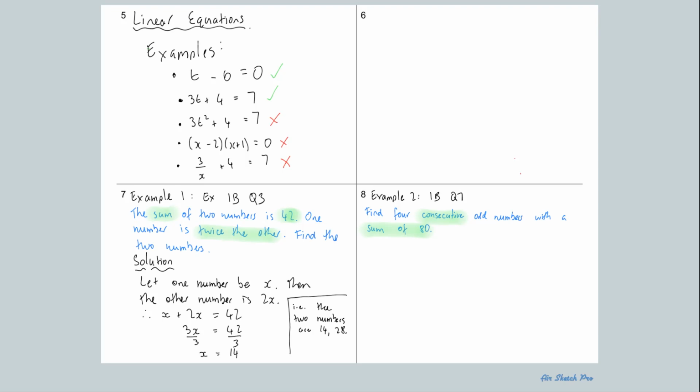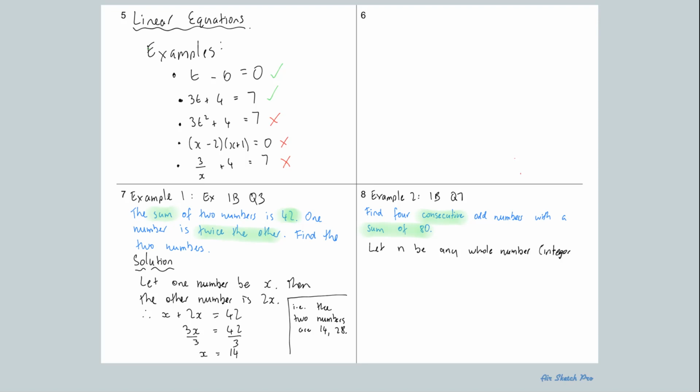Now, the trick with these ones, it is a trick, so it's worth paying attention to this, is how do we describe an even number and an odd number? So really quickly, I'll go through this. If we say let n be any whole number, the fancy word for that is integer.